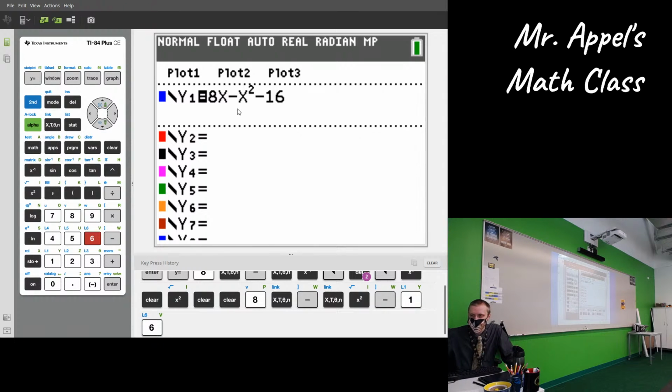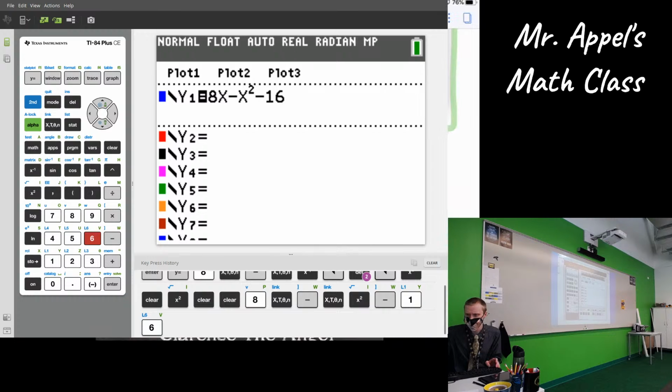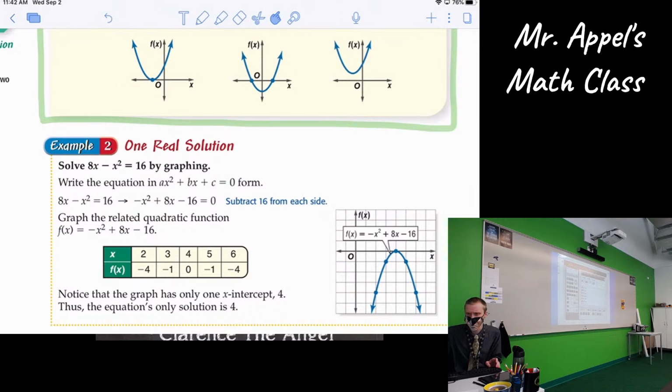The thing to worry about is to make sure that the sign of the 16 is correct, because I had to move it from the equation originally given. That's this example. We're moving that 16 over.